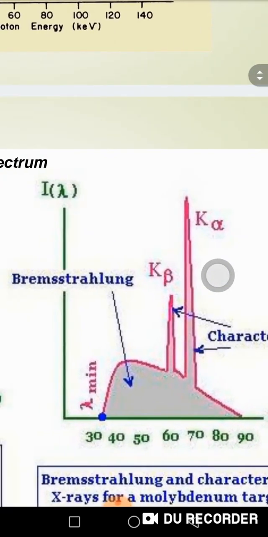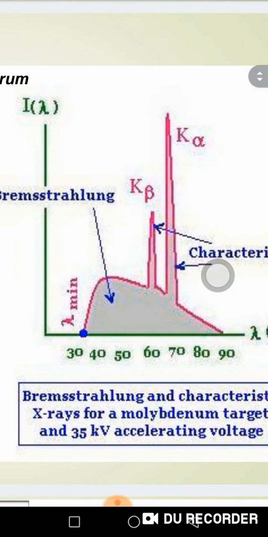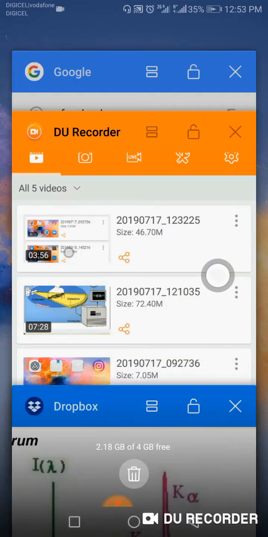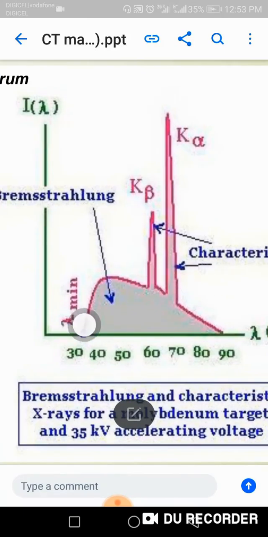Now, if we look at the kV, the external kV, you will find a spectrum that resembles this peak. This means that it interacts with the electrons in the K shell. What does characteristic mean? When an electron falls, it does not interact with the Coulomb field of the nucleus, but rather interacts with the electrons present in the shell.